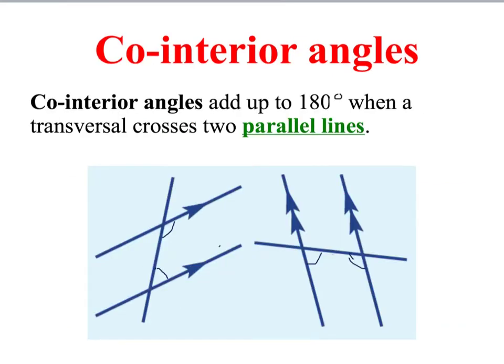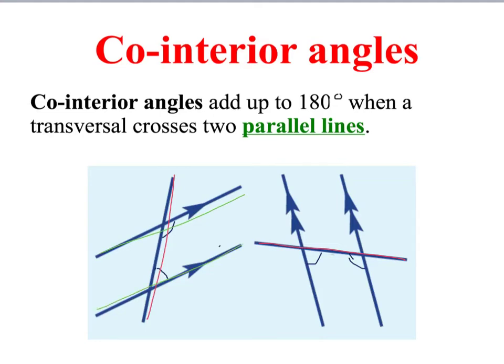Cointerior angles are the last type of special angles that are formed when a transversal crosses 2 parallel lines. Cointerior angles add up to 180 degrees. They only add up to 180 degrees when our transversal, our cutting line, cuts through 2 parallel lines. Now, what are the cointerior angles?